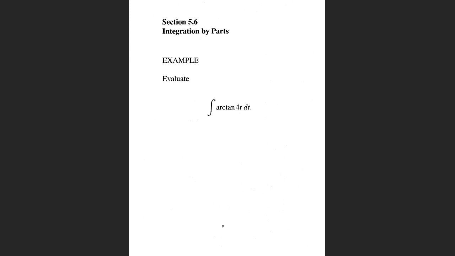So this is kind of an interesting problem. We want the antiderivative of the arctangent of 4t dt. So here you don't have two functions. You have just one, the arctangent of 4t, dt.